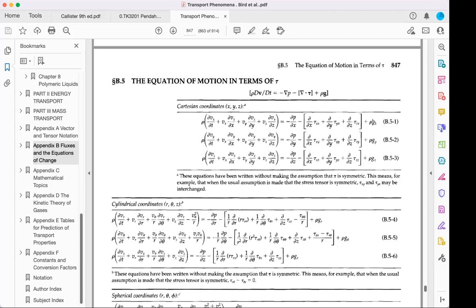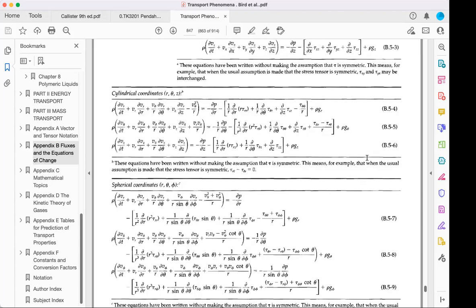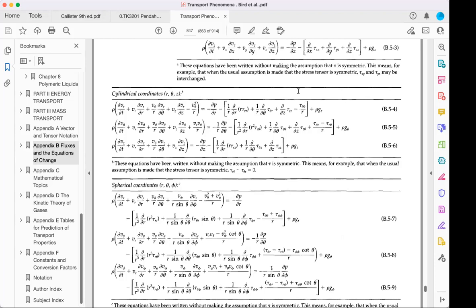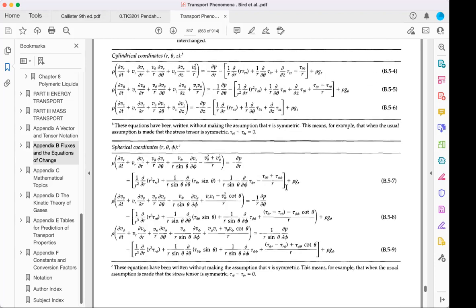Seems familiar, right? Because in the shell momentum balance, we learned there is a pressure contribution, a tau or momentum flux contribution, and also a g contribution, and they are also written here. And this is the cylindrical coordinate, and this is the spherical coordinate.